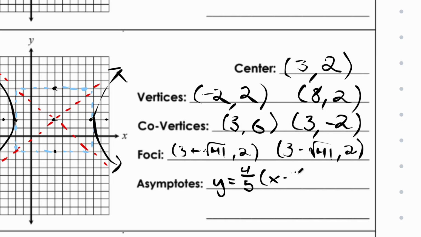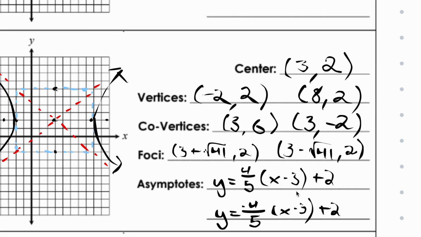So x minus 3, plus 2, which is our k value. And then we're just going to make it negative for the other one. So negative 4/5 times x minus 3, plus 2. Okay.